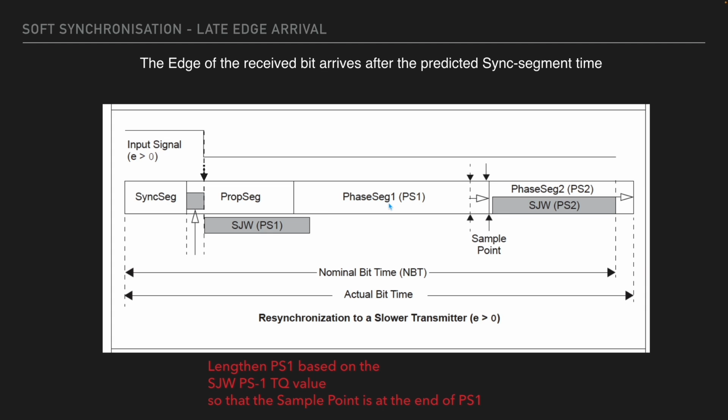And we're going to delay it with the amount that we have seen in the SJW of PS1. So we know when this was measured, how many TQs have lapsed after the sync segment, and this is the amount of time we're going to delay the sampling point. So by extending the phase segment 1, in other words, we're going to delay the clock a bit.